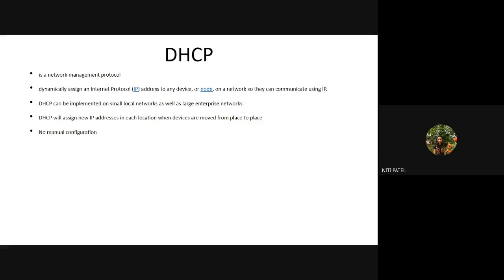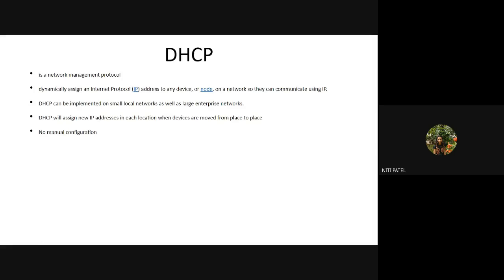DHCP will assign a new address in each location when devices are moved from place to place. What does this mean? If I get connected to a network at, say, 11:36, DHCP will give me an IP address for the time starting from 11:36. If I log out from the system and join another network at another time, it won't allow me to reuse the same IP address.